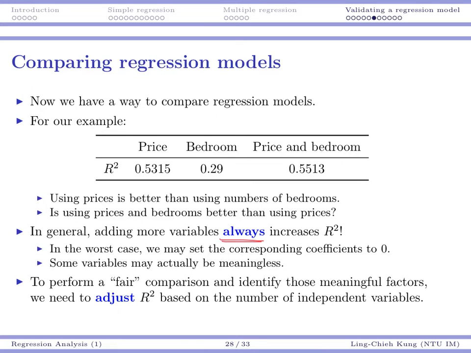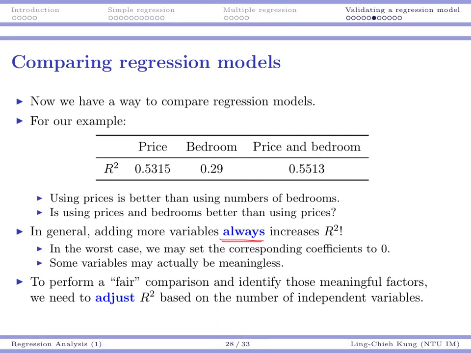In the worst case, you can simply set that coefficient to 0. Then you go back to your old model. So that means the model with one more variable cannot be worse than the previous model. So almost always you see R squared increase when you add more variables into an existing model.